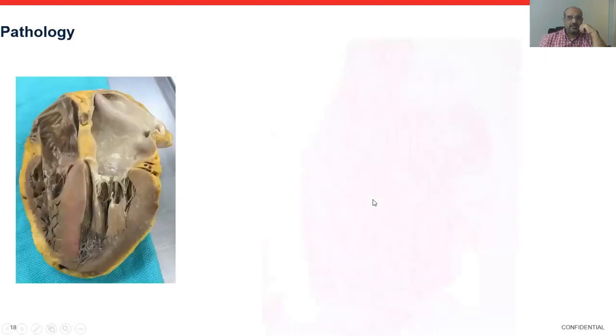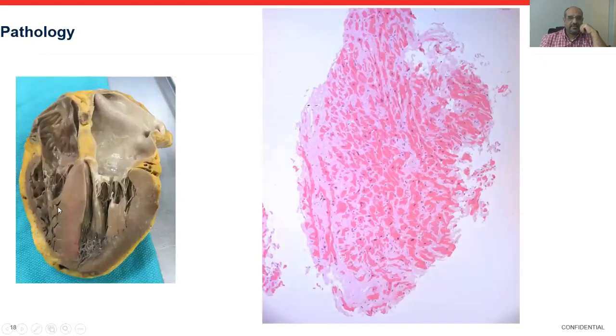So this is the pathology. It's a diffuse infiltration of the myocardium by the amyloid proteins, mainly causing, as you can see, diffuse LVH, small LV cavity, and left atrial enlargement due to diastolic dysfunction.